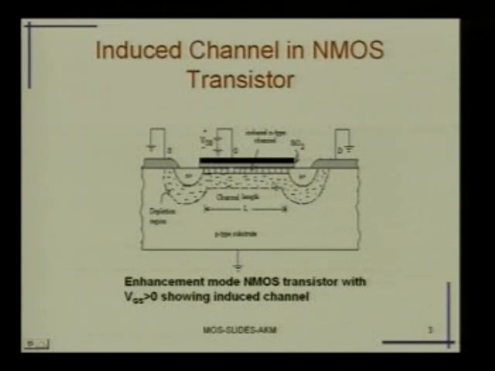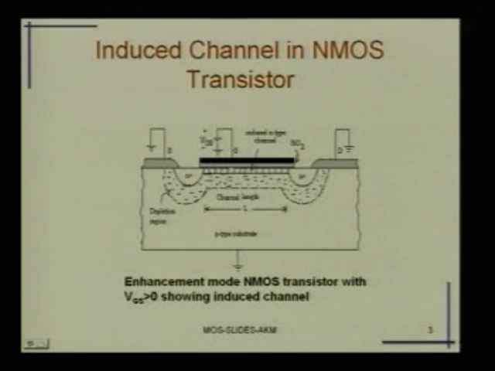The depletion region slowly becomes wider and wider, and when VGS is sufficiently large, the electrons, which are minority carriers in the p-type substrate, will be pulled towards the gate surface, and then you will have electrons available.